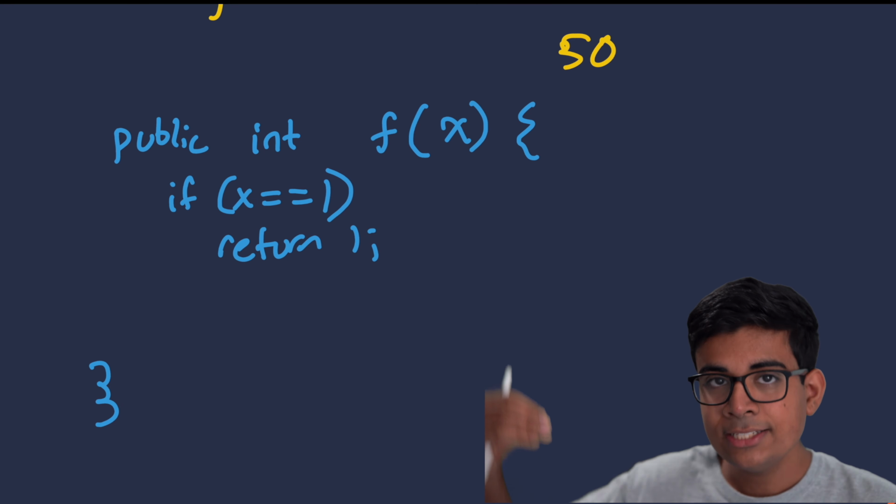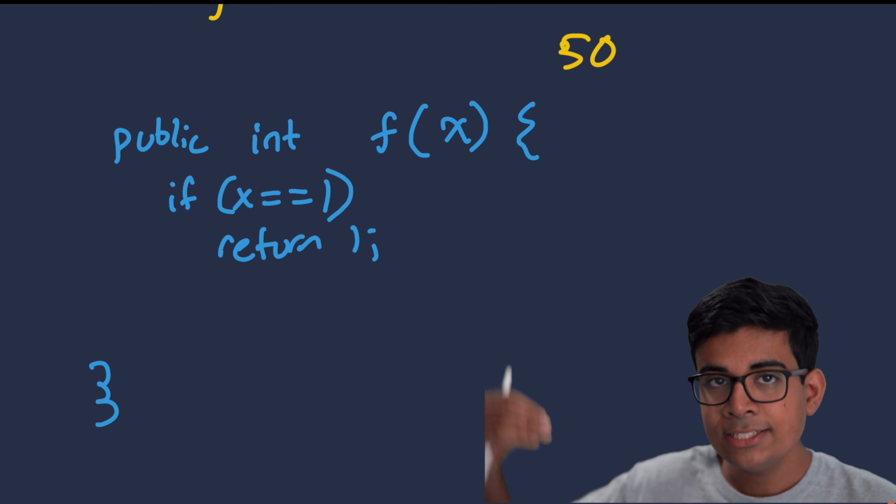So a way that I can do this is I can say else, and then in my recursive call, return f of x minus 1. Now whenever I put any positive integer into this x, it's going to be moving closer to this base case, and eventually it's going to stop, right?